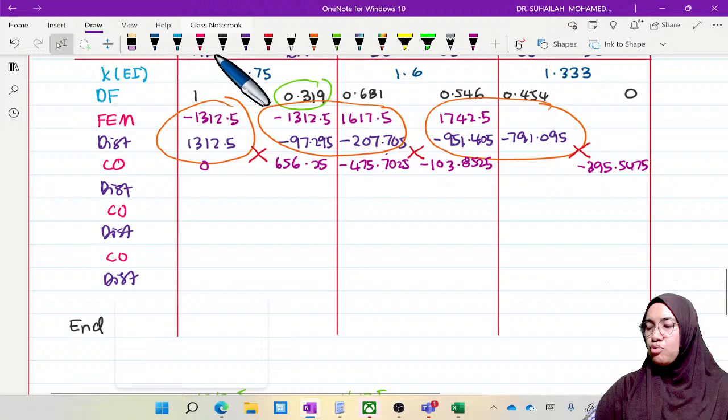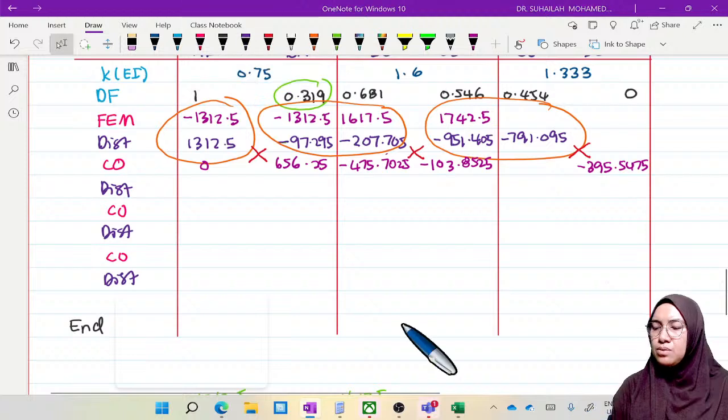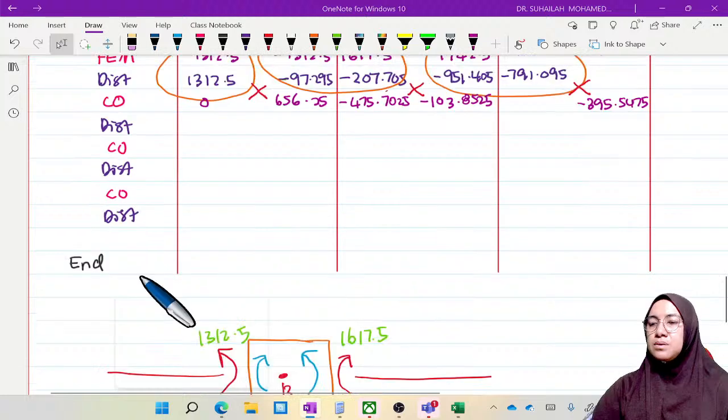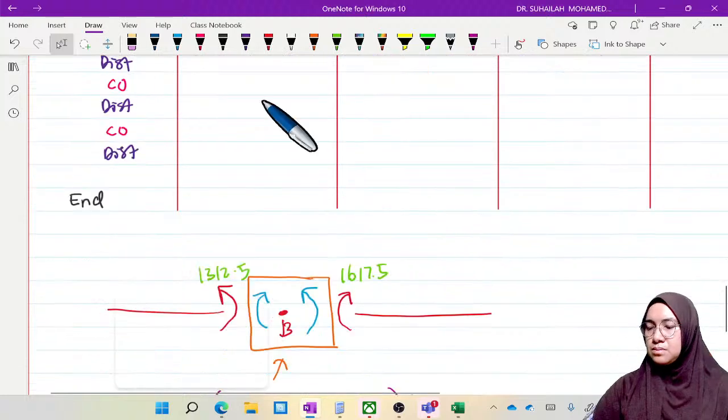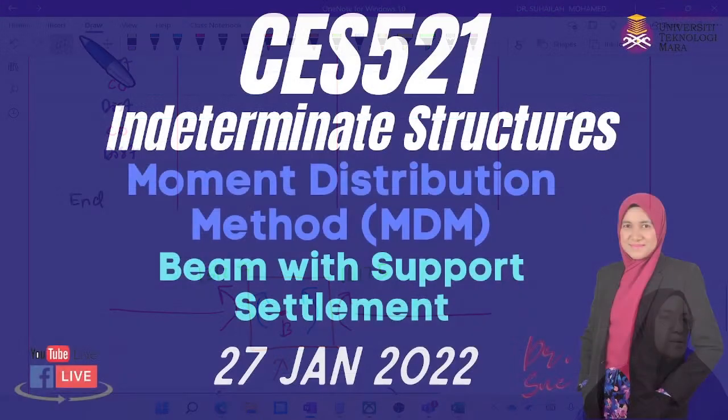So the value is 0. Okay, wait for a while.